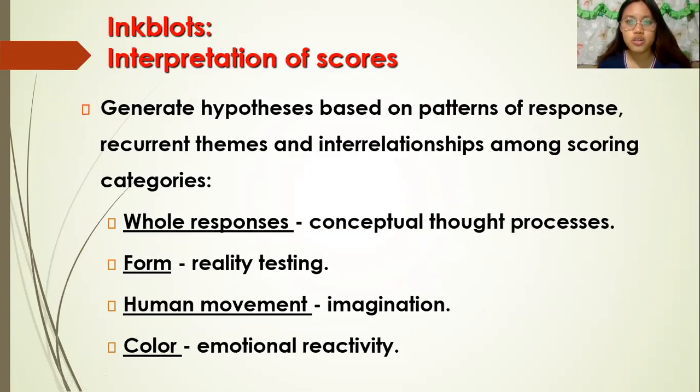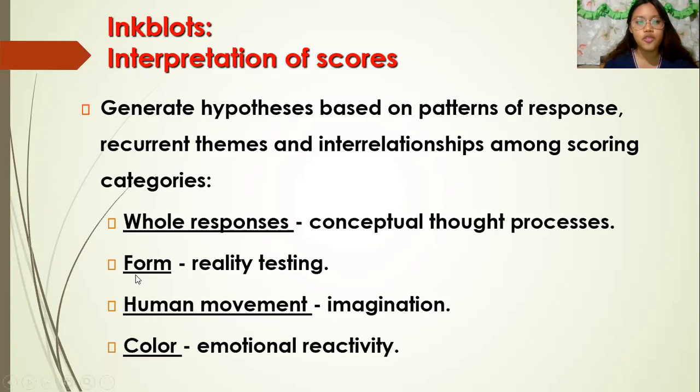The interpretation of scores generates hypotheses based on patterns of response, recurrent themes, and interrelationships among scoring categories. Here, the responses depict different ideas. For example, the whole responses of the test taker indicate his or her conceptual thought processes.